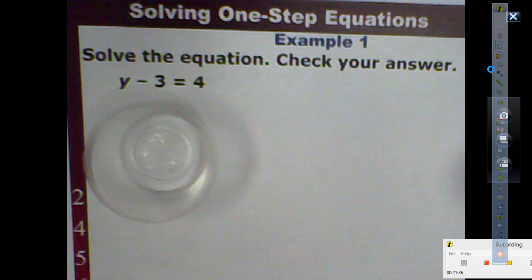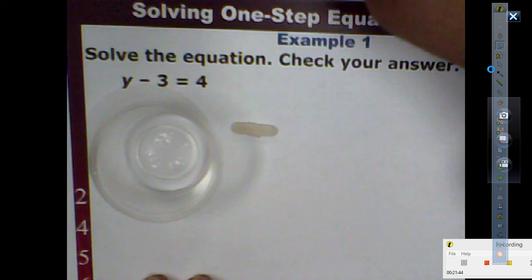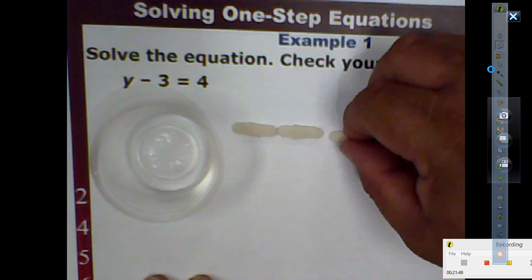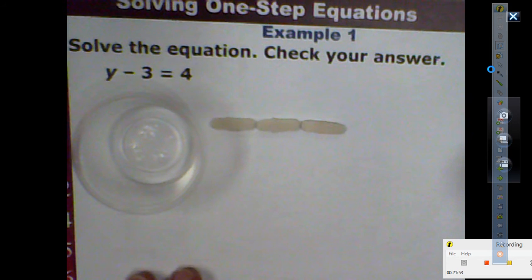All right. What is next? Negative 3. So you're going to take 3 negatives. 1, 2, 3. There they are. All right. Now check this out.